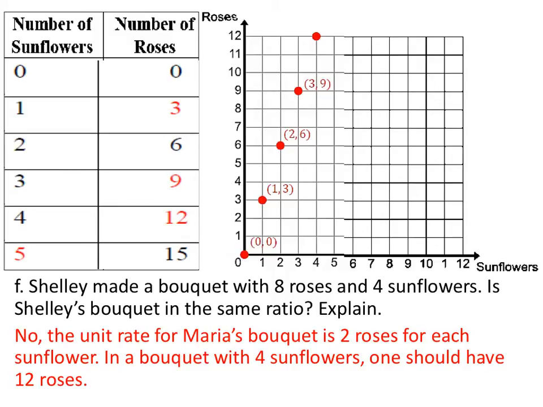And we see the answer here, but another way to look at this is for 4 sunflowers, for the first part there, we can see that we would need 12 roses, which this one does not have. So they would not be equivalent fractions or ratios or rates.